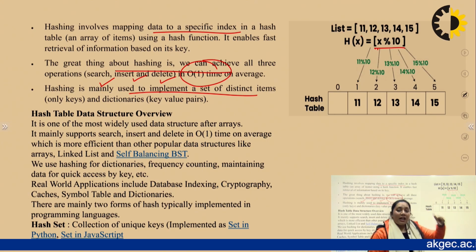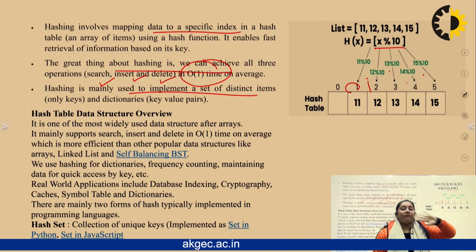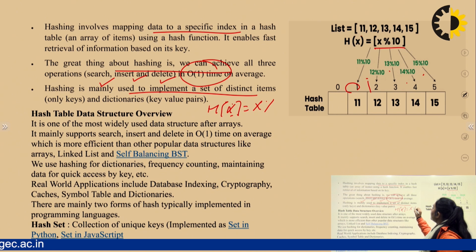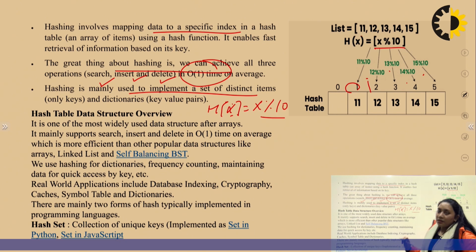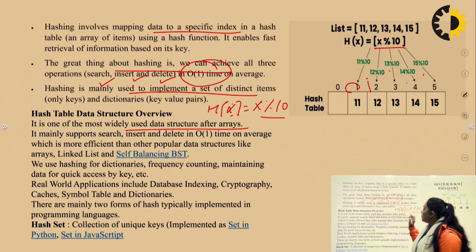So the value 11 is placed at position 1 in the hash table. Similarly, you do the same with 12, 13, 14 and 15. Every time you need to do x %10. Whatever modulus we get, the value can be directly mapped onto the hash table, right? So it is widely used in data structures.